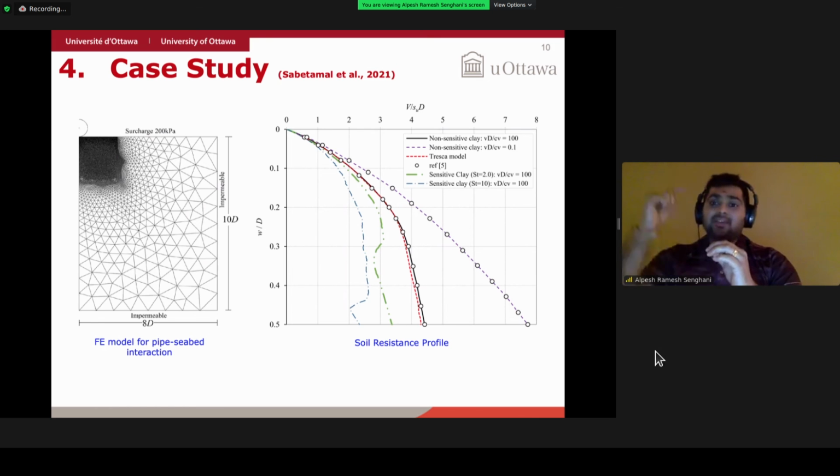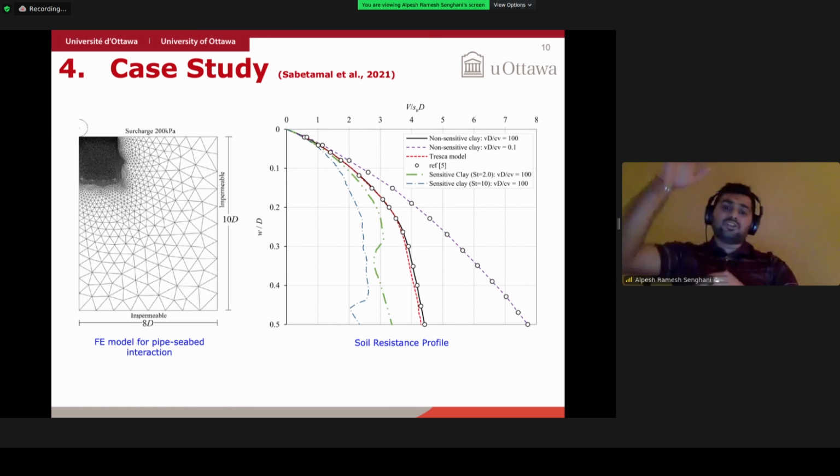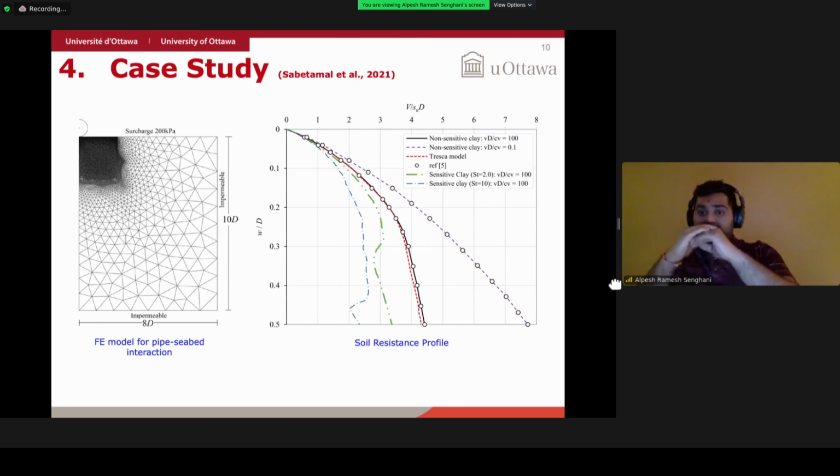However, if there is cyclic loading from the water, from ships, from something, if the pipe gets cyclic loading, what happens to the soil beneath it? It will be disturbed and it will start flowing like liquid. However, there's another case of consolidation. If the soil consolidates, then you have a scenario where the soil is gaining strength, but it's reducing in volume, but it's gaining strength after all. What is that strength after it's gone through consolidation? All these are questions that the researchers can get answers to using such a model by doing simulations.